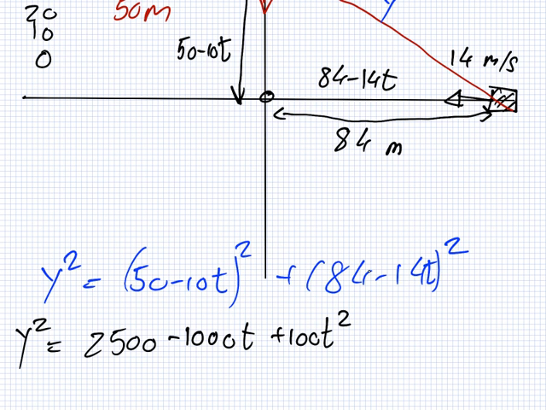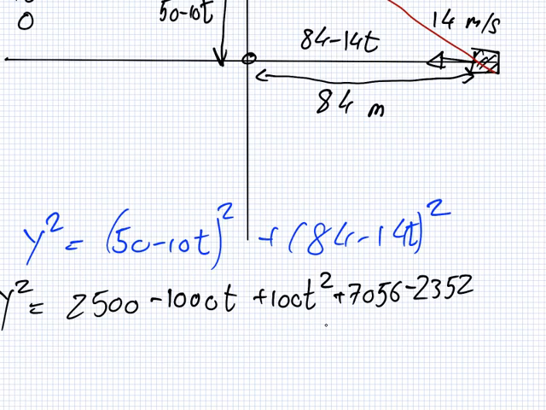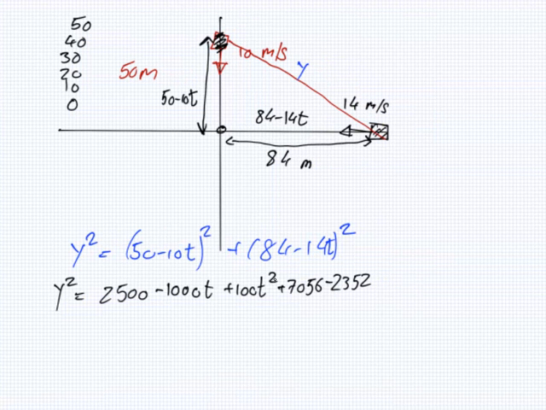Then 84 squared is 7056, minus 2352t, and then lastly 14 squared is plus 196t squared.